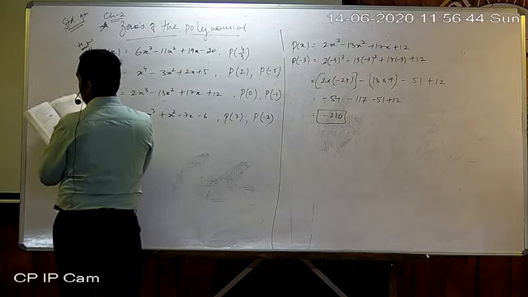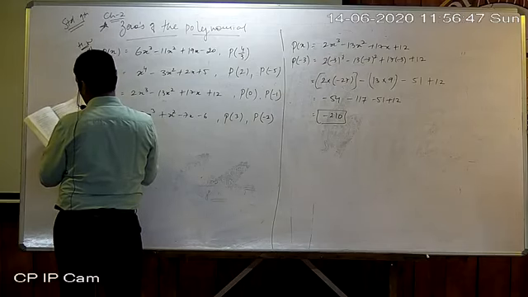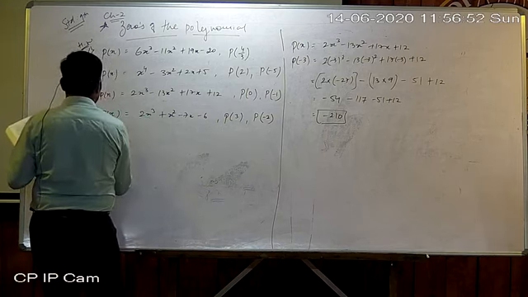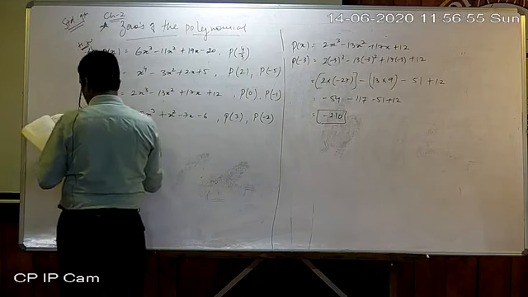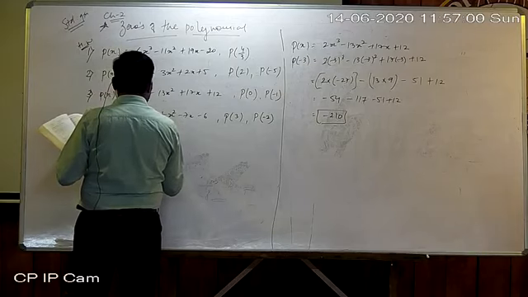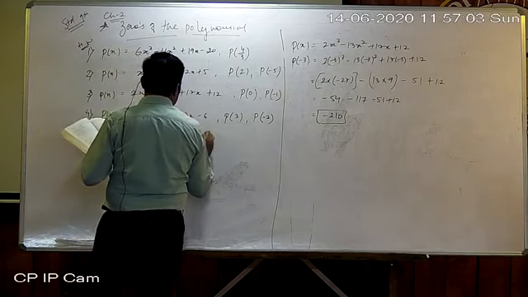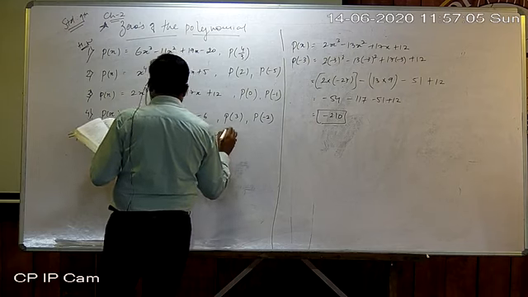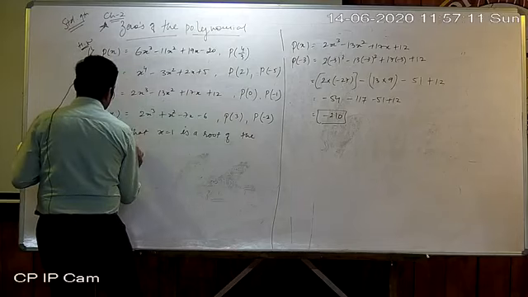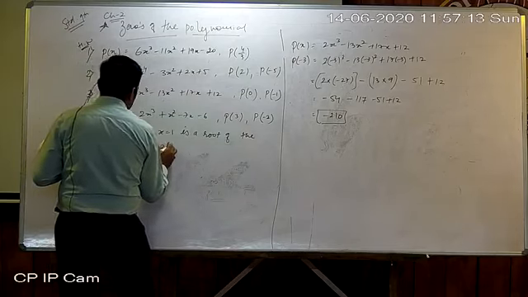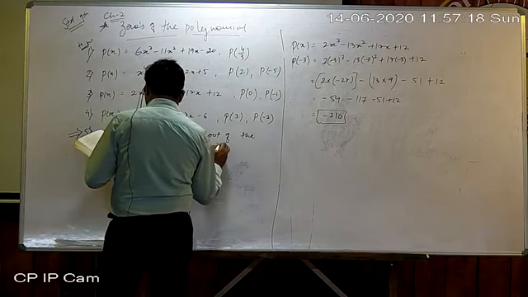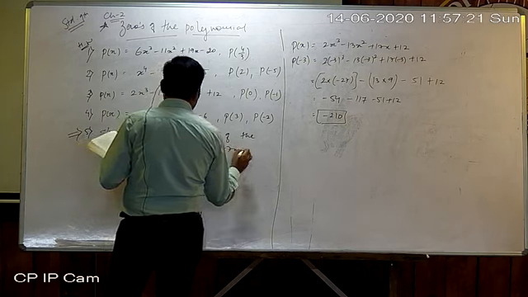The surprise question is, show that x equal to 1 is the root of the polynomial 2x cube minus 3x square plus 7x minus 6.